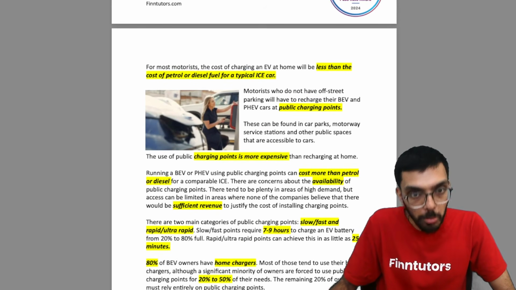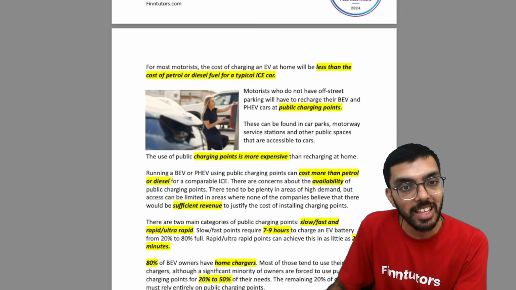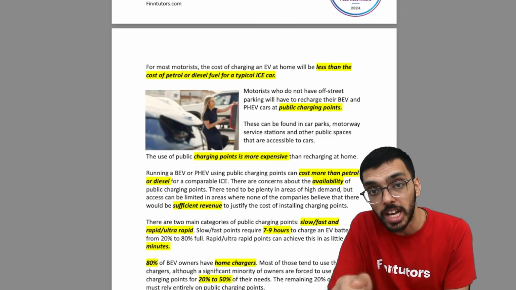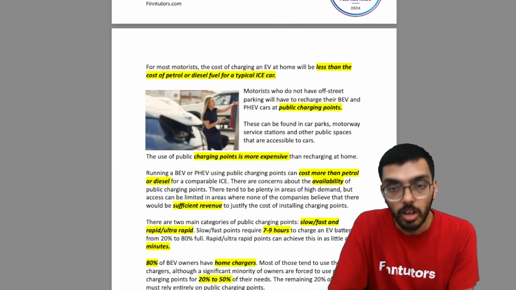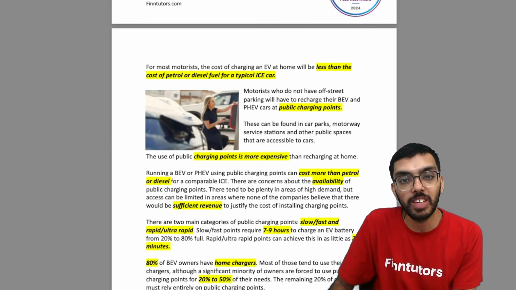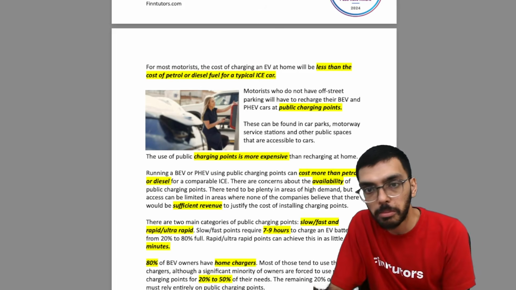Next, for motorists, the cost of charging an EV at home will be less than the cost of petrol or diesel fuel for a typical ICE car if you're charging it at home. Motorists who do not have off-street parking will have to recharge their BEVs and PHEVs, plug-in cars, at public charging points.